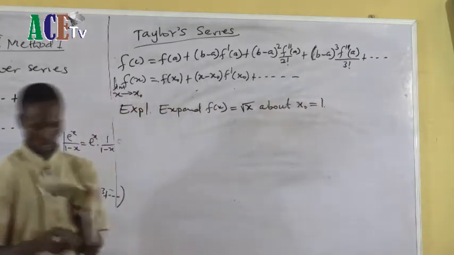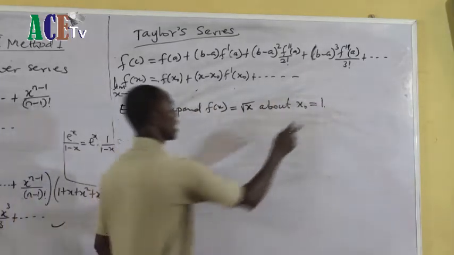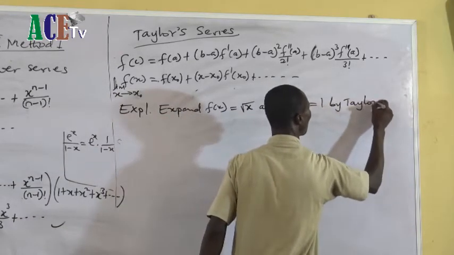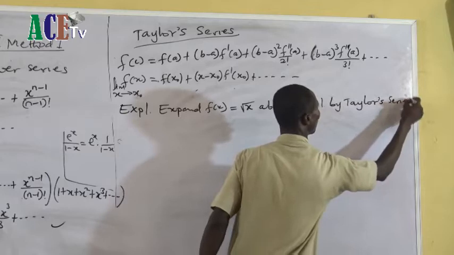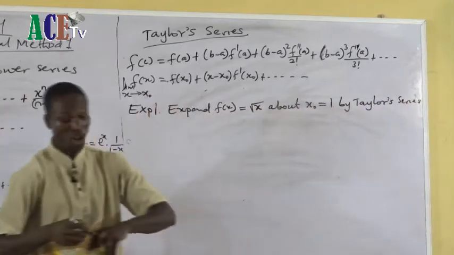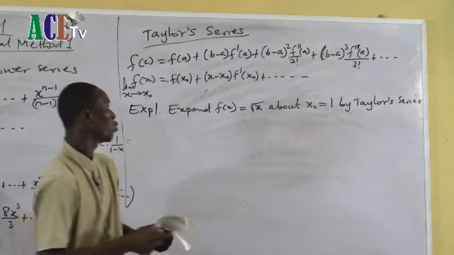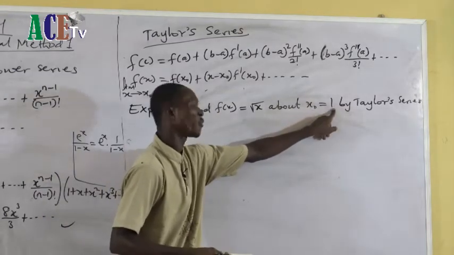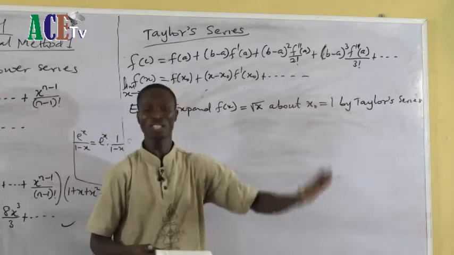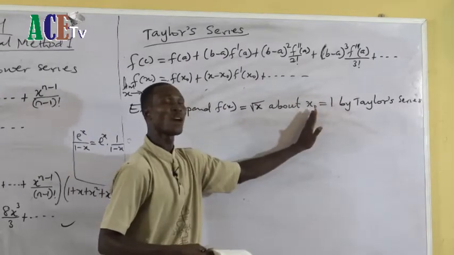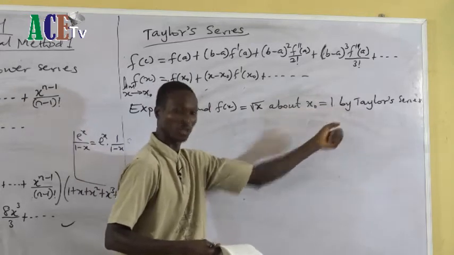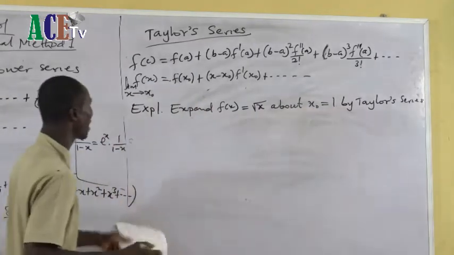Let me write this, because in the exam, I will not tell you it is by Taylor series. I will just tell you to expand it about this point. Once you know that x naught has a value, then it's Taylor series. If it is Maclaurin series, I will not give you any limit of that function.